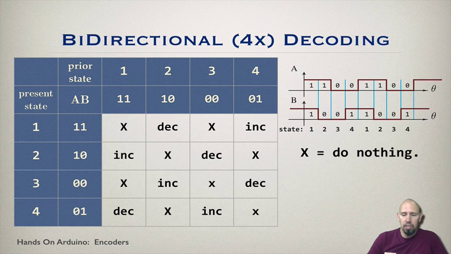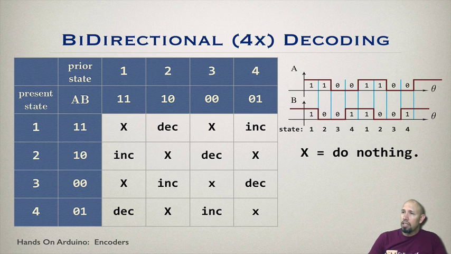So the safe thing to do is do nothing. Similarly, I can't jump from state 1 to state 3, and if that happens, I'm going to do nothing because I don't know whether it went forward to get there or backwards to get there. That's the thing to do. Do nothing.